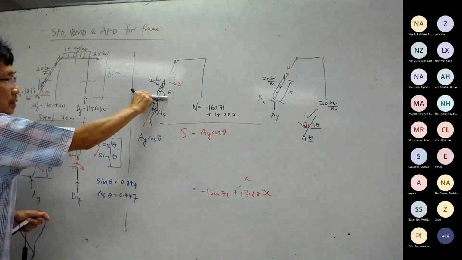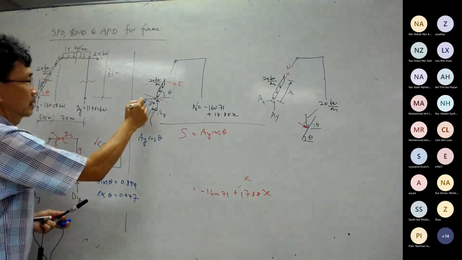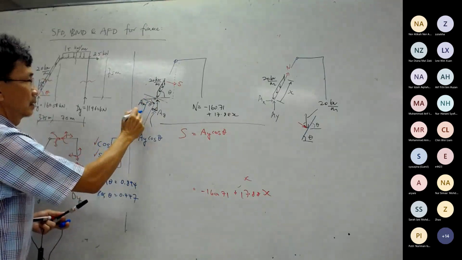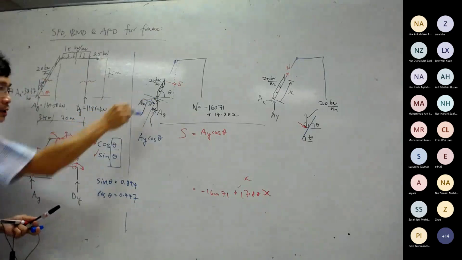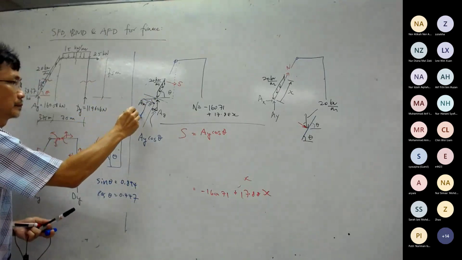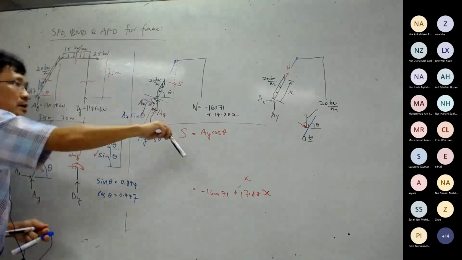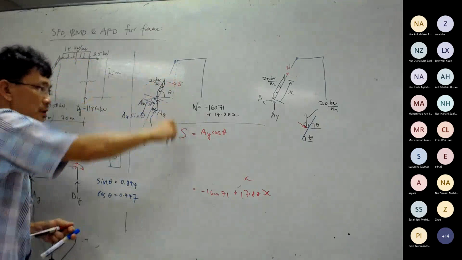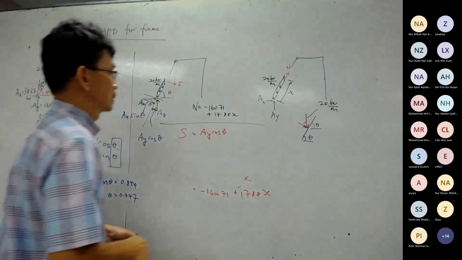So this is the component, and that one will be AX. This is theta, AX sine theta. And the direction is like that. Follow this. So if you bring to the other side, it becomes minus.